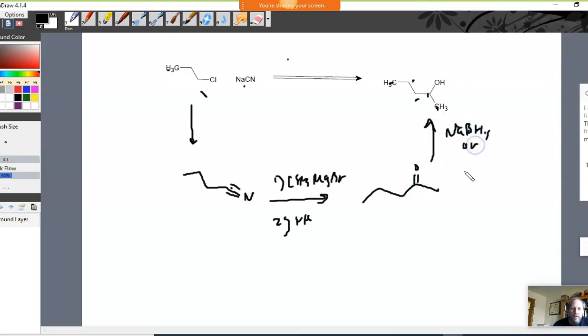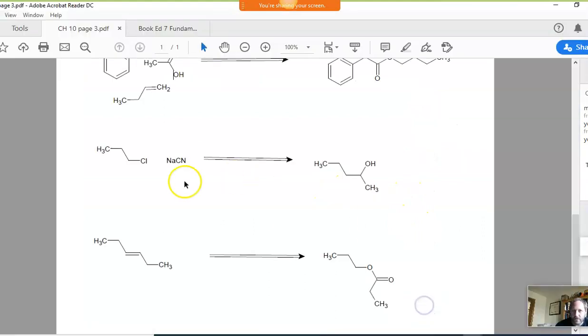Is that what you did? Sorry about that. I thought there was only 4 carbons here. But if there were only 4 carbons, that's how you would do it. 4 carbons was harder than all the other ones. So good.